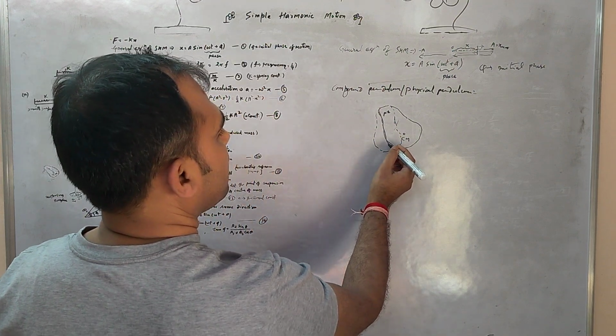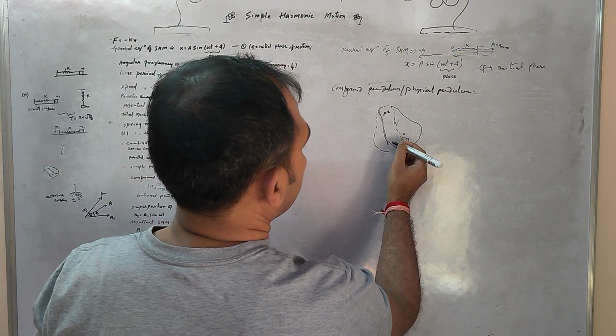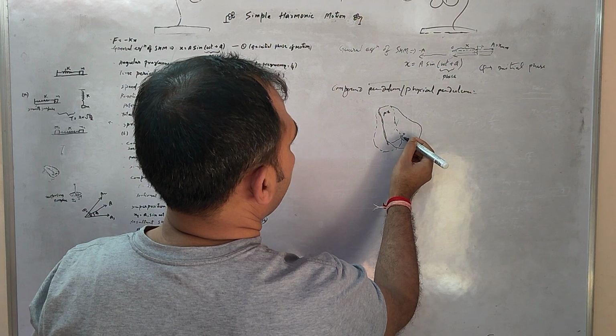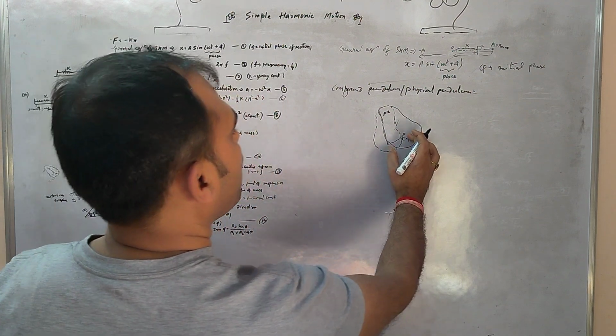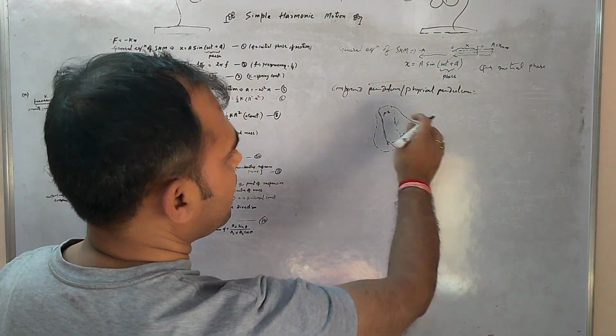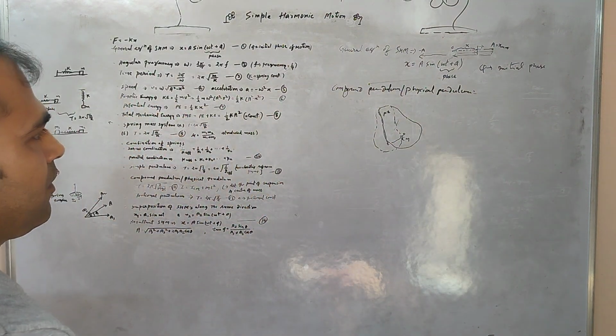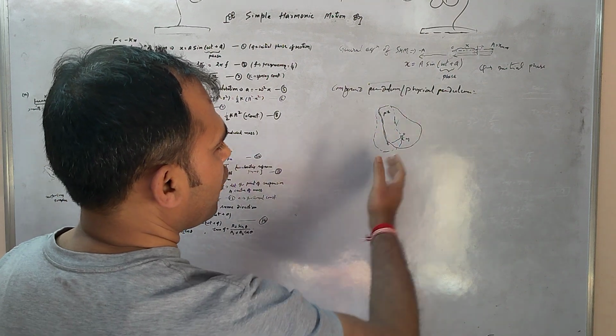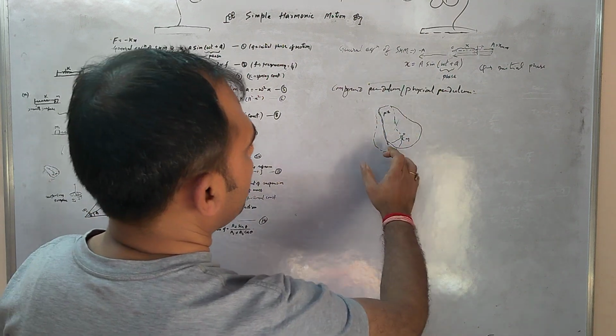Initially the center of mass was here, then we moved it up to this point and left this body. So this will again oscillate from here.